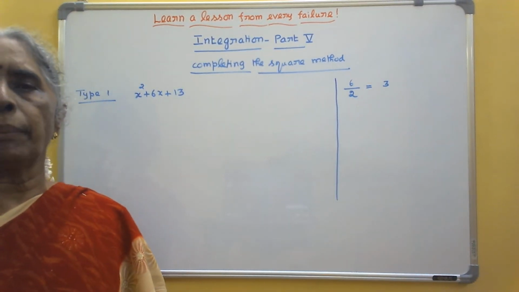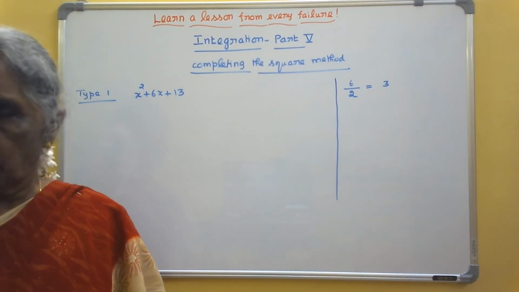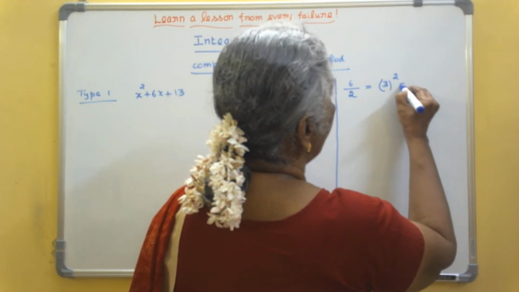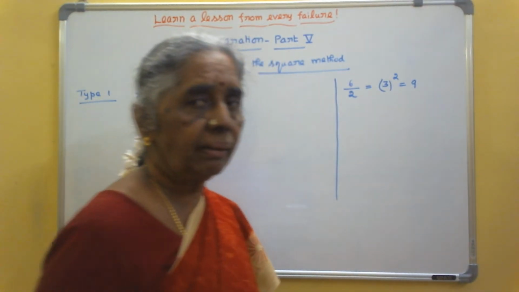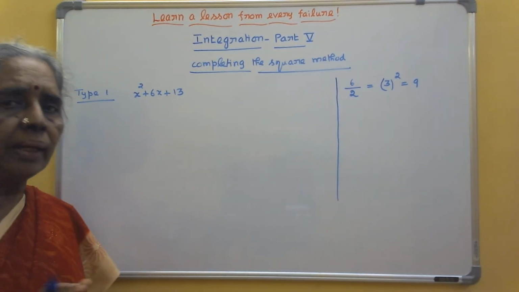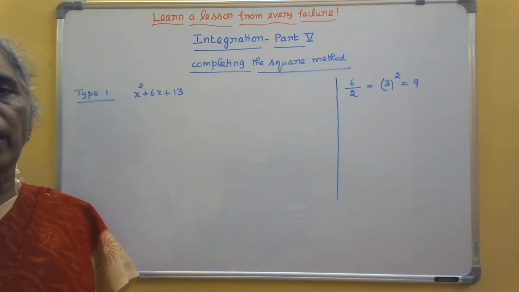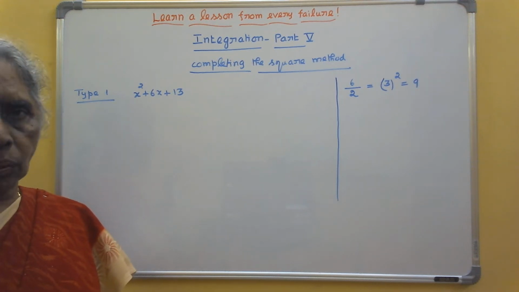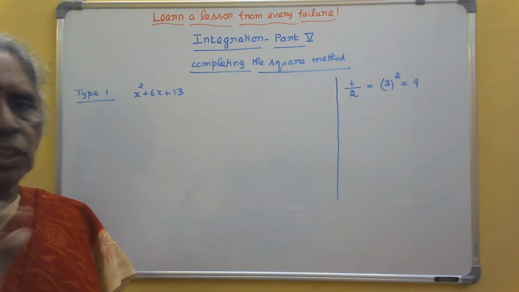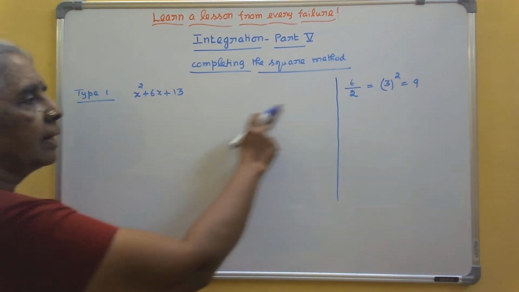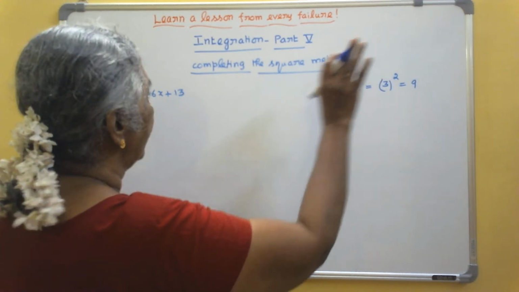Whatever that number is, divide by 2. Then you square what you get, I get 9. This is based on the a plus b whole square, a minus b whole square concept, and the 2ab term. So take the coefficient of x, divide by 2 and square it.